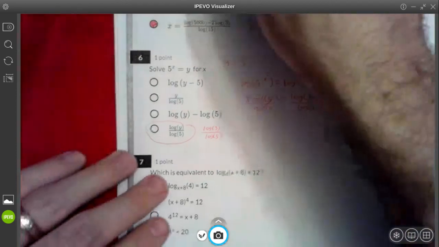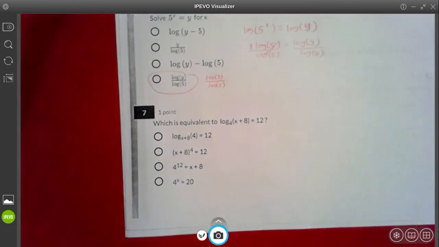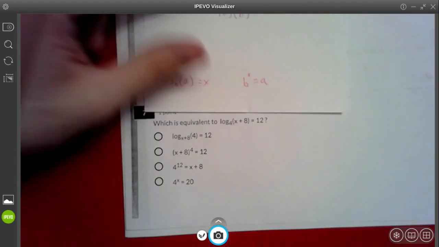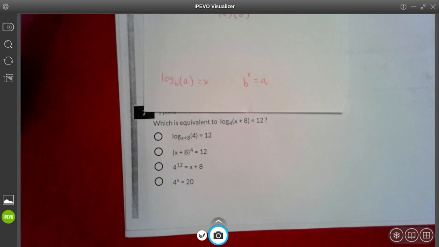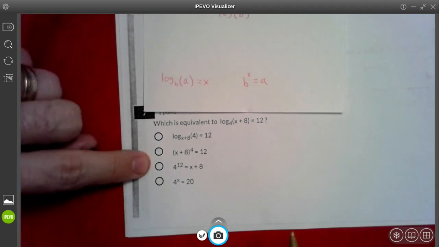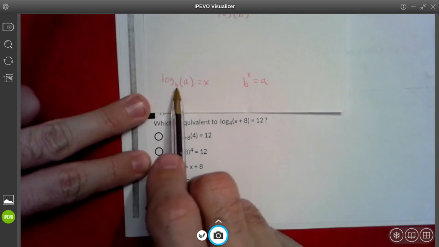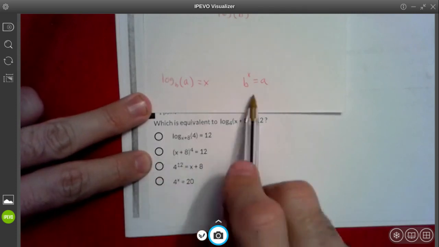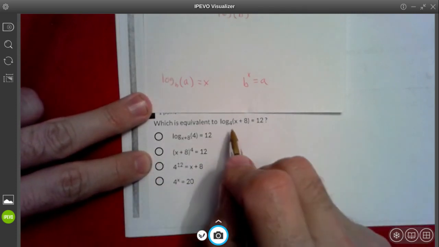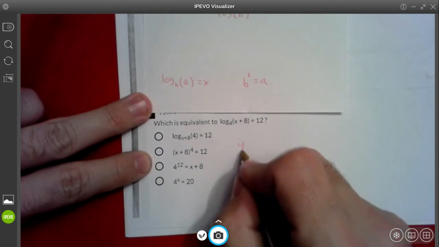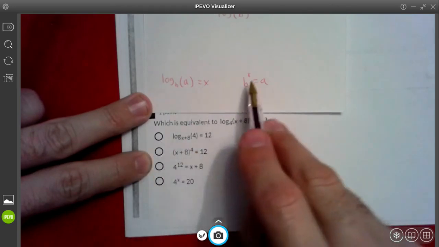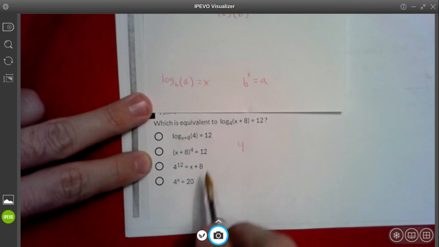Okay, number 7. Which of the following is equivalent to that? The answer is going to be option C. They're giving you something in log form like this, and they're wanting you to rewrite it in exponential form. So 4 is our base. 12 is this number.